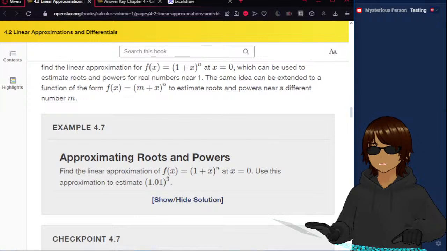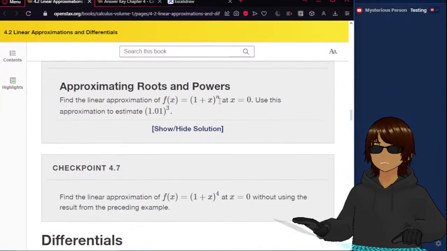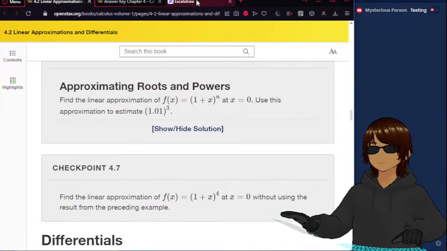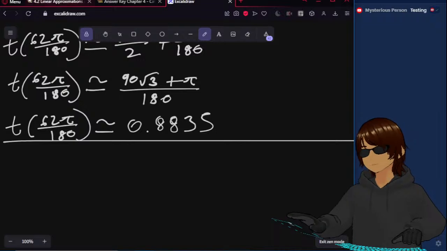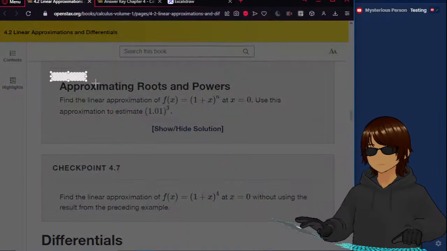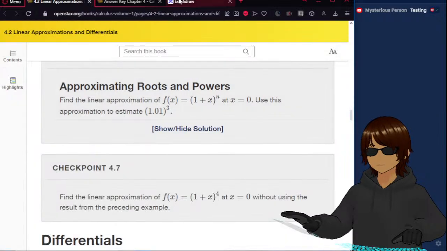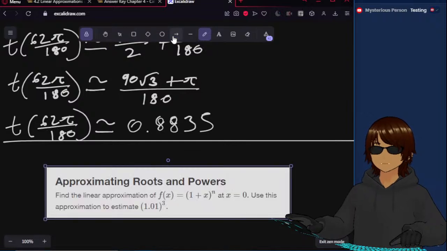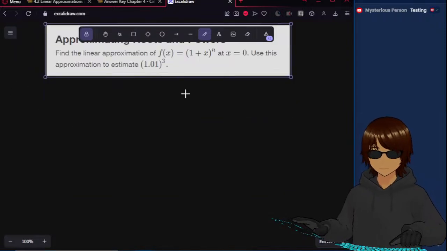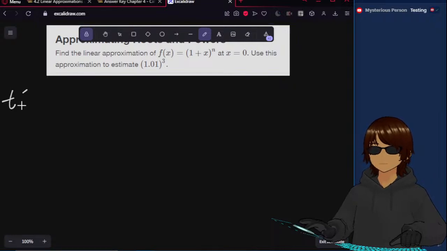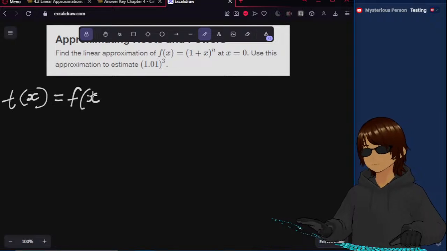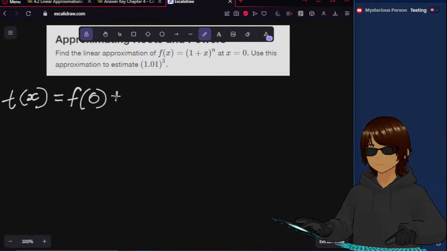Find the linear approximation of this at x is equal to 0. So then x minus 0 is just x.